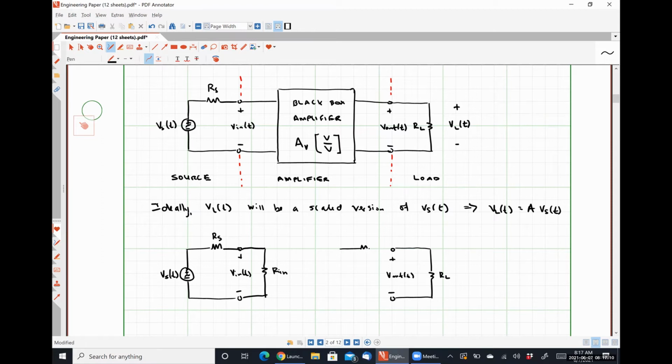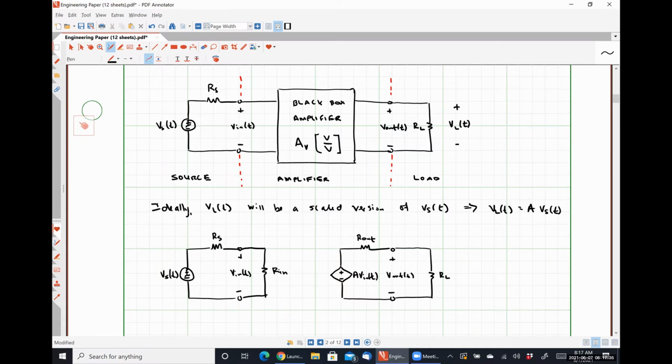We have some resistance, which we're going to call Rout. And I am going to use a dependent voltage source. I'm going to say it's A times Vin of t.